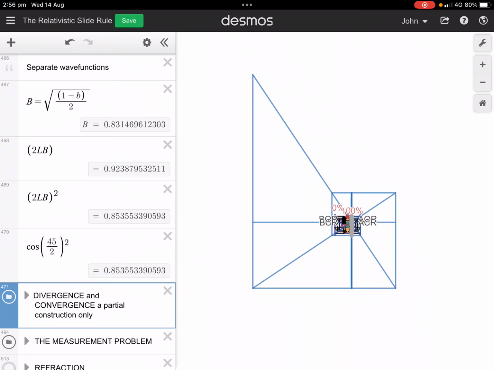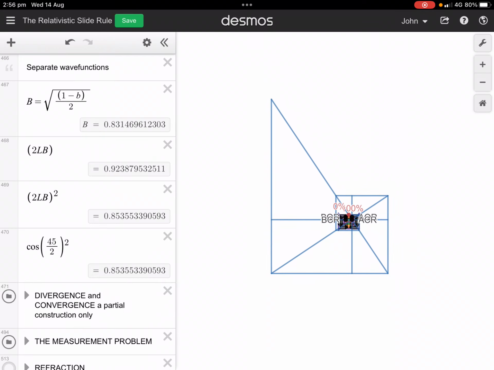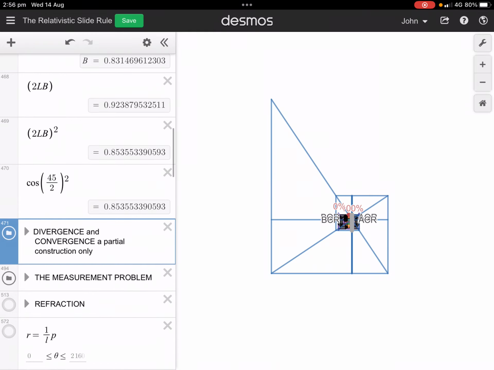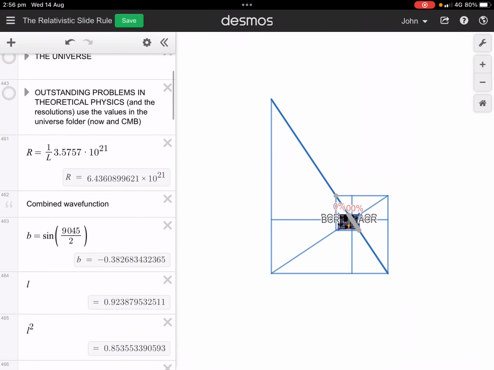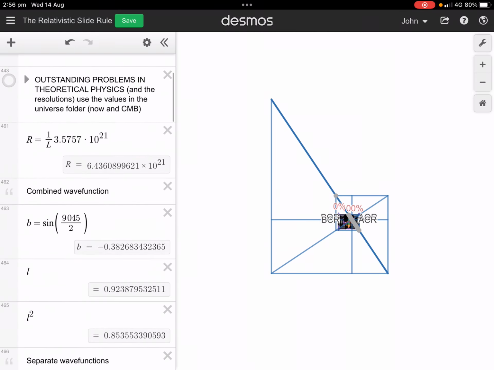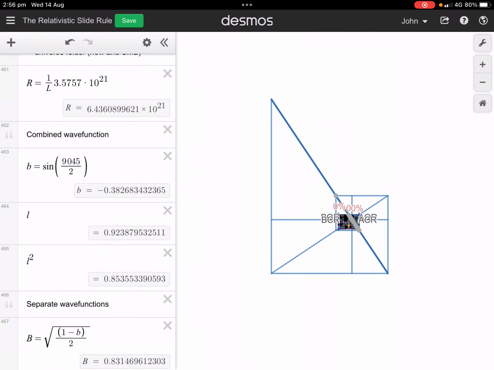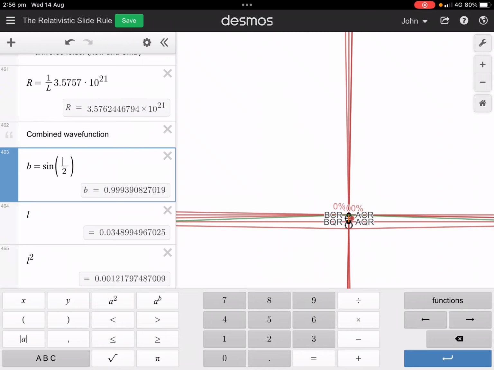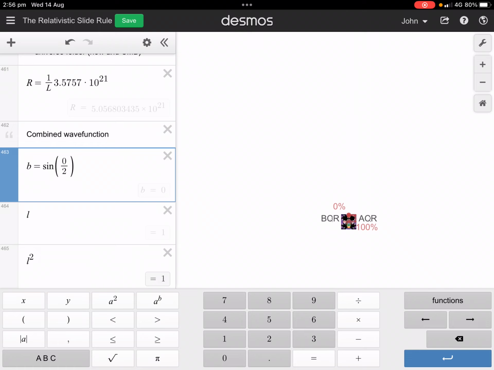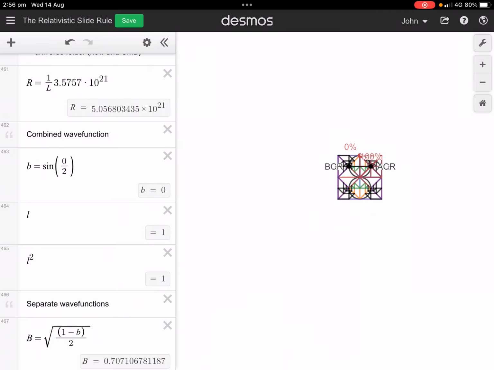So I'm thinking that I want to replace waves with these diverging and converging relativistic slide rule, and then it will all disappear when the wave function collapses here.